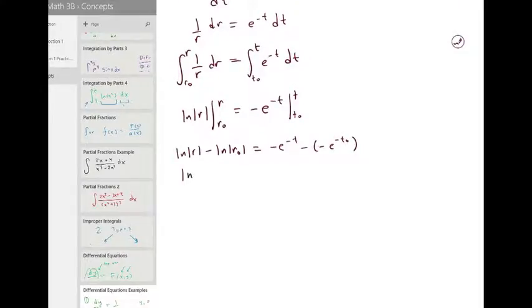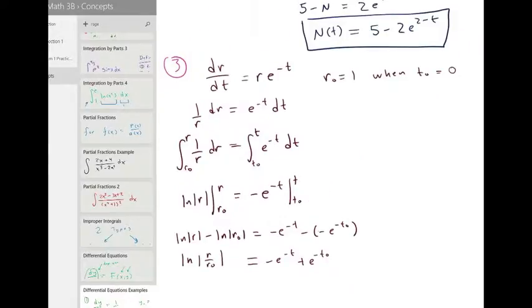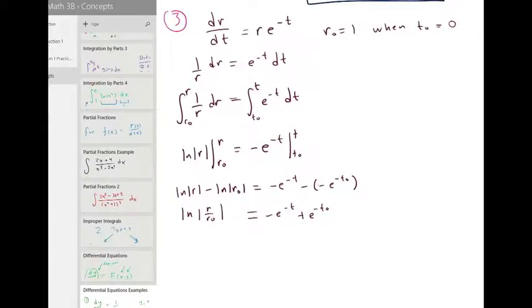If we use log rules, we can combine this into ln of r over r0, and this should equal negative e to the negative t plus e to the negative t0. Now we can check what our r0 and t0 are. r0 is 1, and t0 is 0.